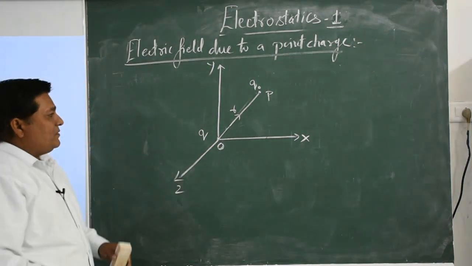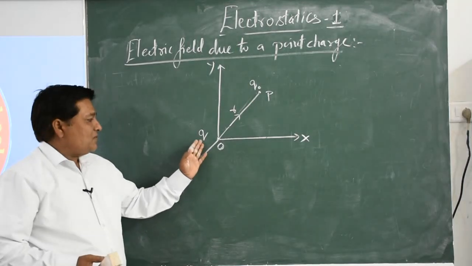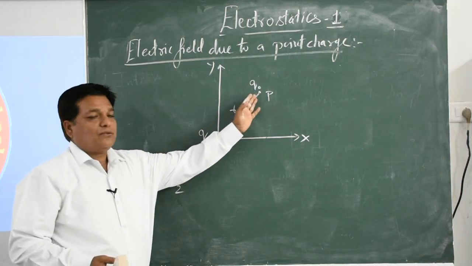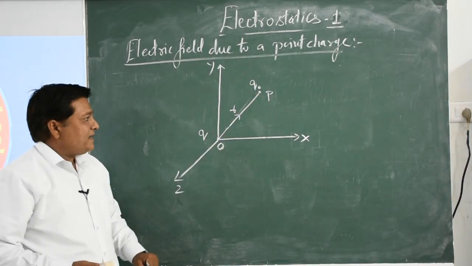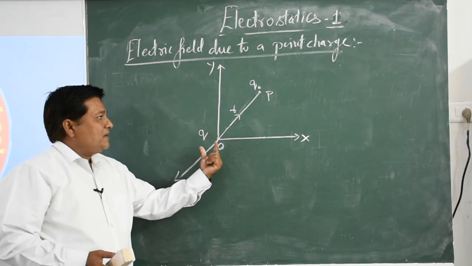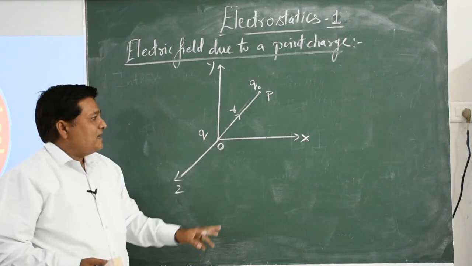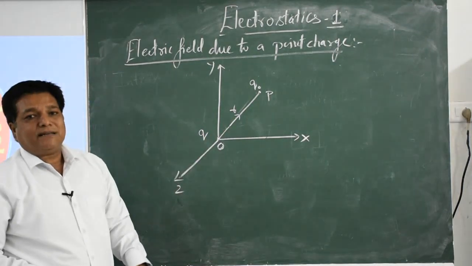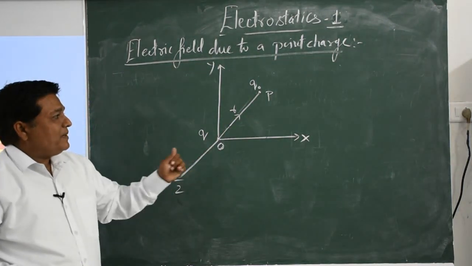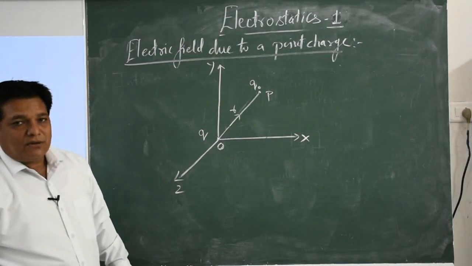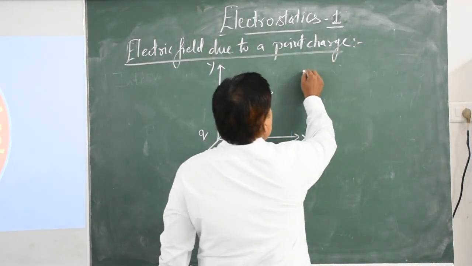Okay. So what do we see here? There are two charges now. The source charge Q and the test charge Q naught at location P. There may be a force because two charges are there and there is a distance r between the two charges. So according to this condition we apply Coulomb's law. What will be the force between these two charges?